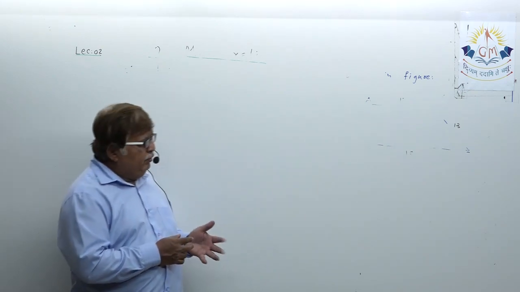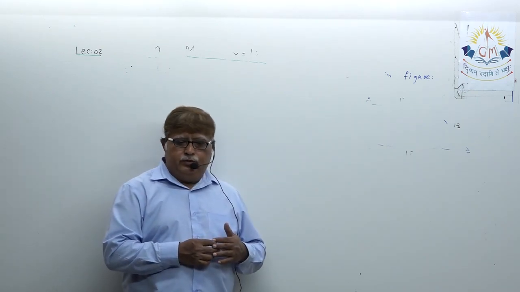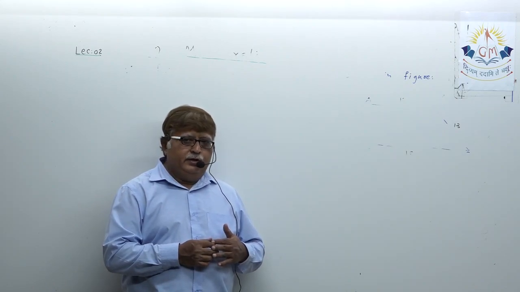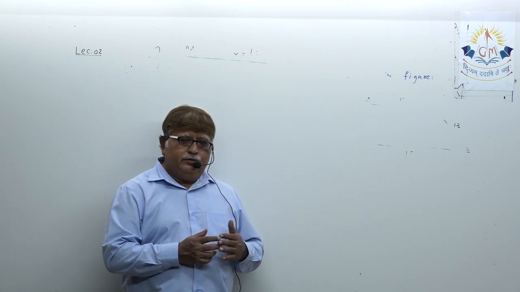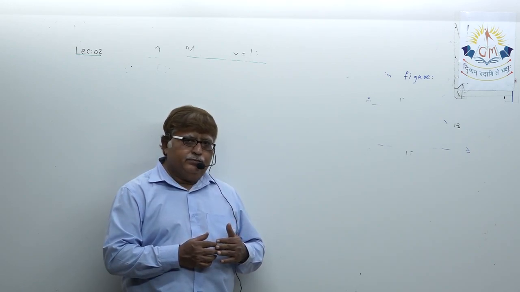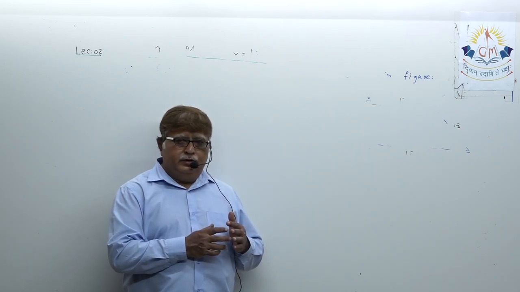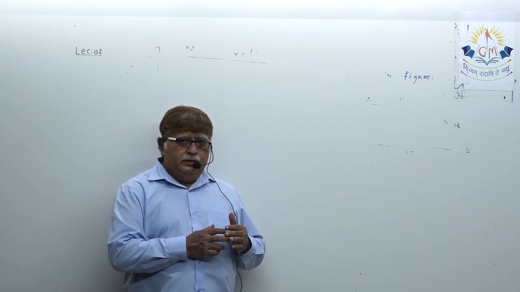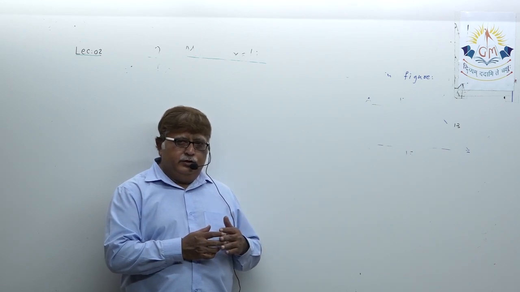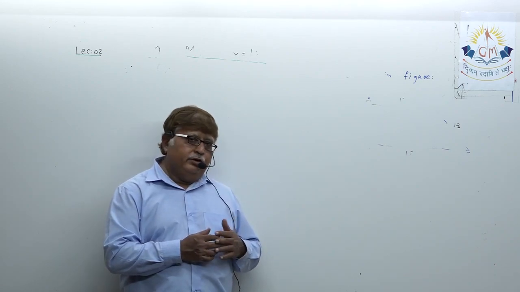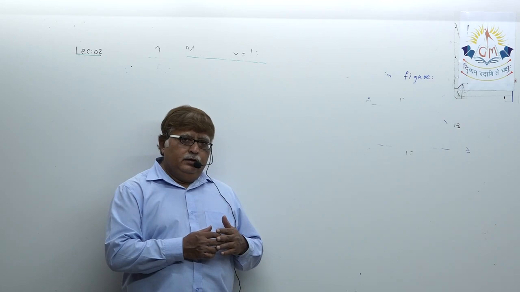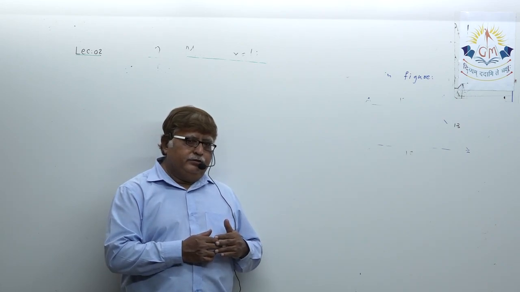So, what is important in today's lecture is just understand the diagram, just understand what is given in the diagram. But also, dear student, one more thing, stick to the basics.